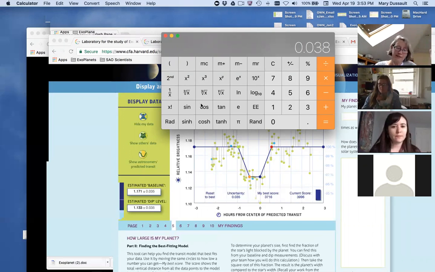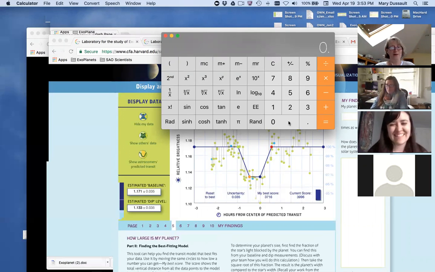To get the percent difference, we want to divide that by what was 100%, which was 1.171. So I'll divide 0.038 by 1.171.